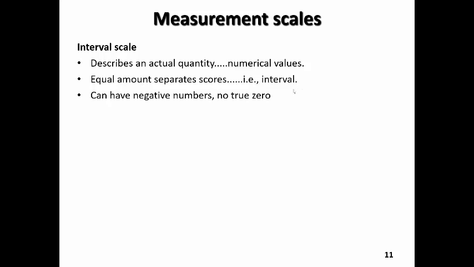The interval scale is unique in that values can take on negative numbers, and if we can take on a negative number, there is no true 0 on this scale. There is a 0, but the 0 represents a reference point that separates the positive numerical values from the negative numerical values.